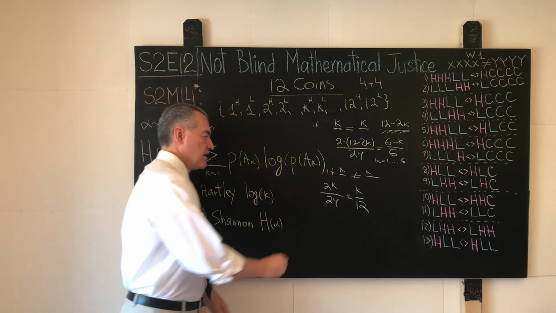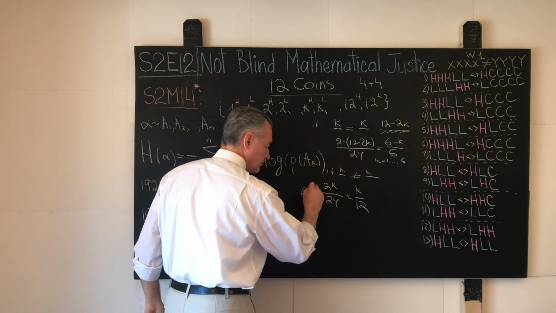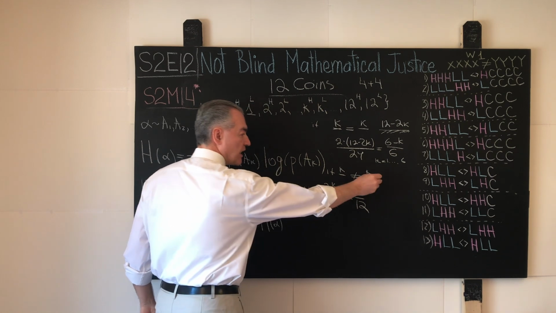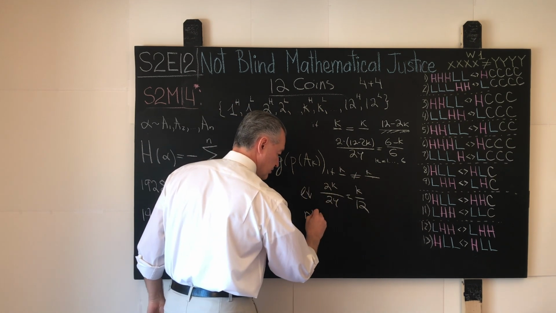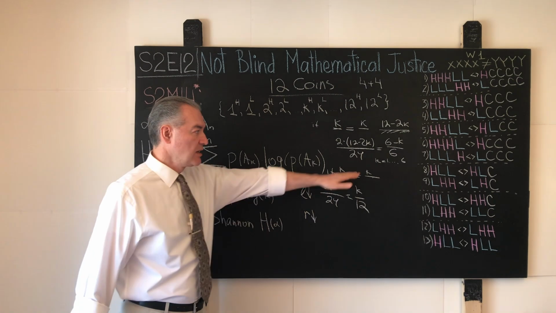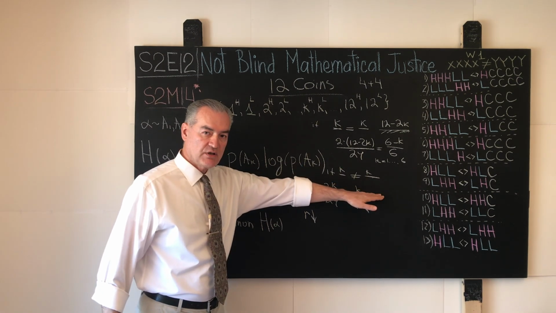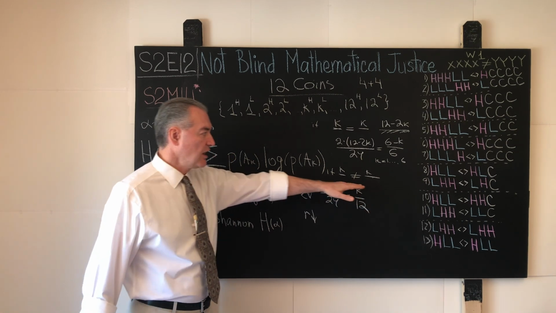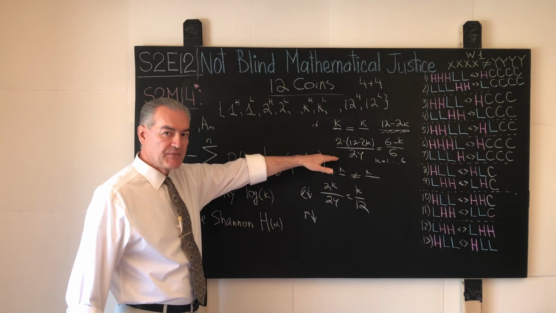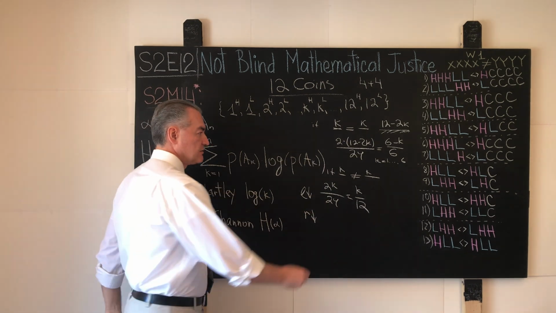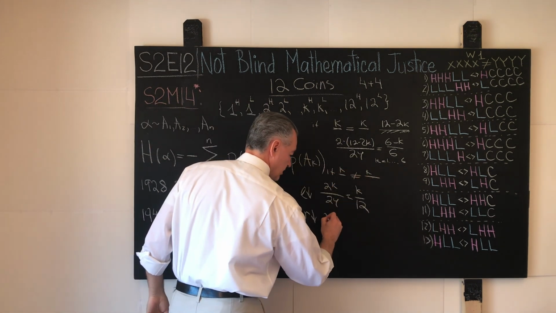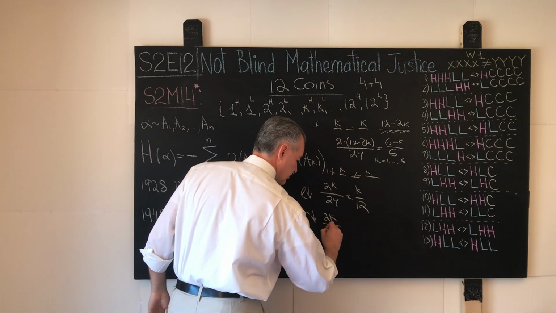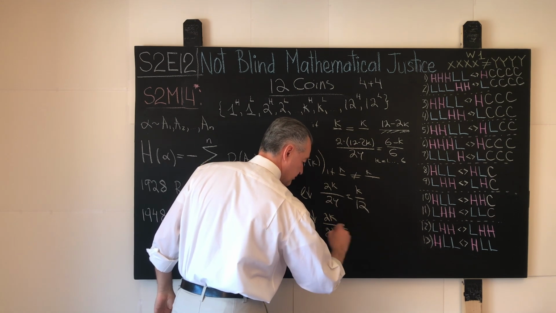If the right pan goes down, it's actually exactly the same situation. If the right pan goes down, then one of the right coins, so to speak, is heavy, and one of the left coins is, so to speak, light. Then again, k plus k is 2k. That's the number of favorable outcomes over the total number of outcomes, 24.